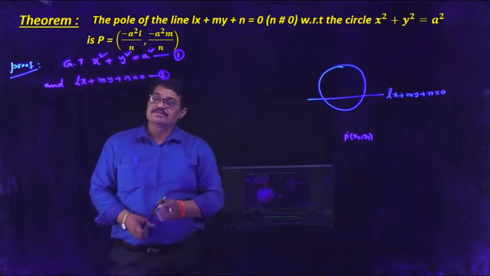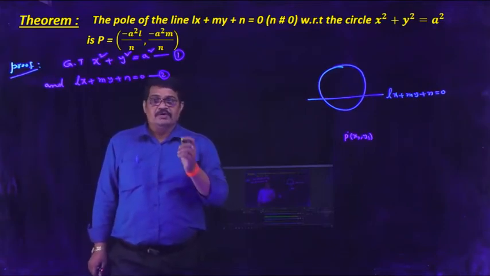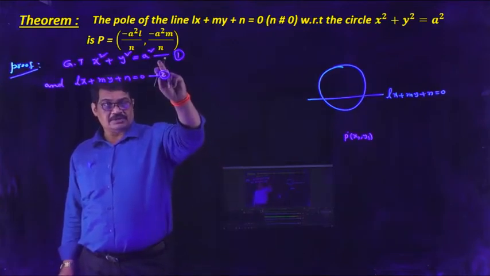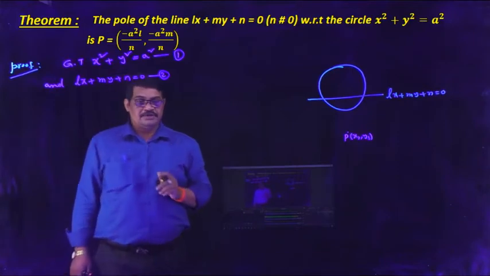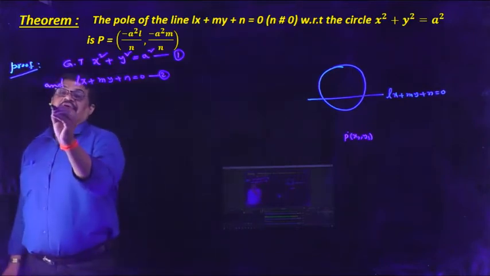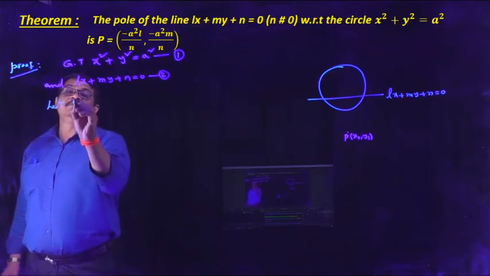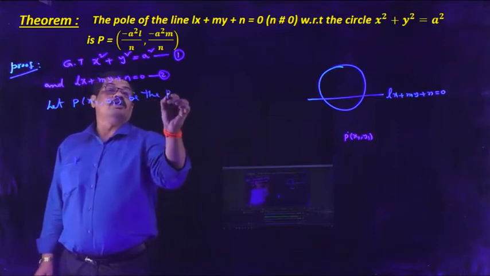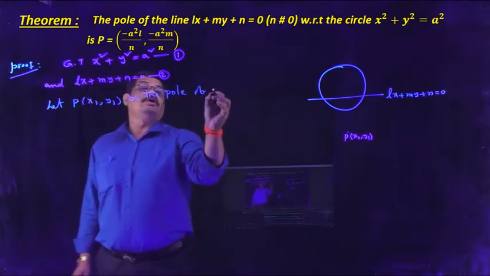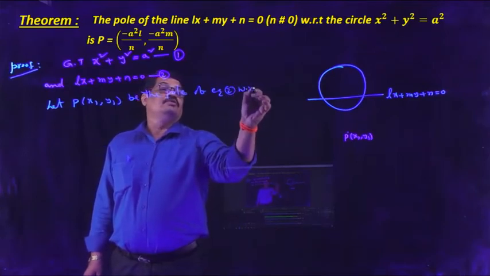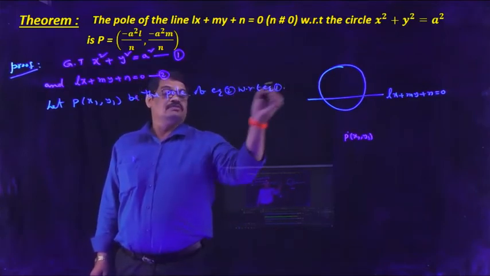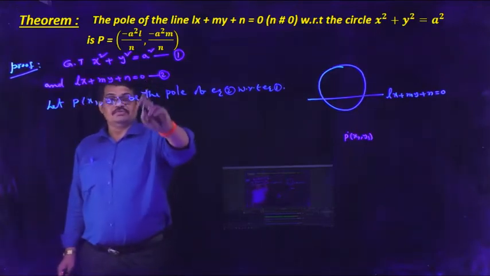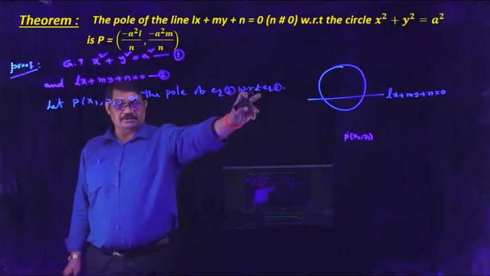Now we have to find the pole of the line, equation 2, with respect to the circle, equation 1. Let us assume that let P (x1, y1) be the pole of equation 2 with respect to the circle, equation 1.